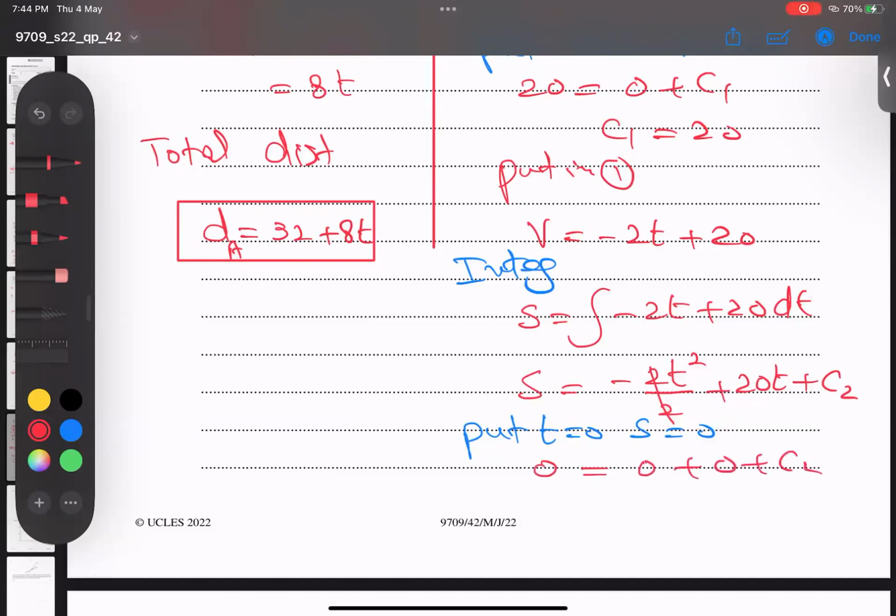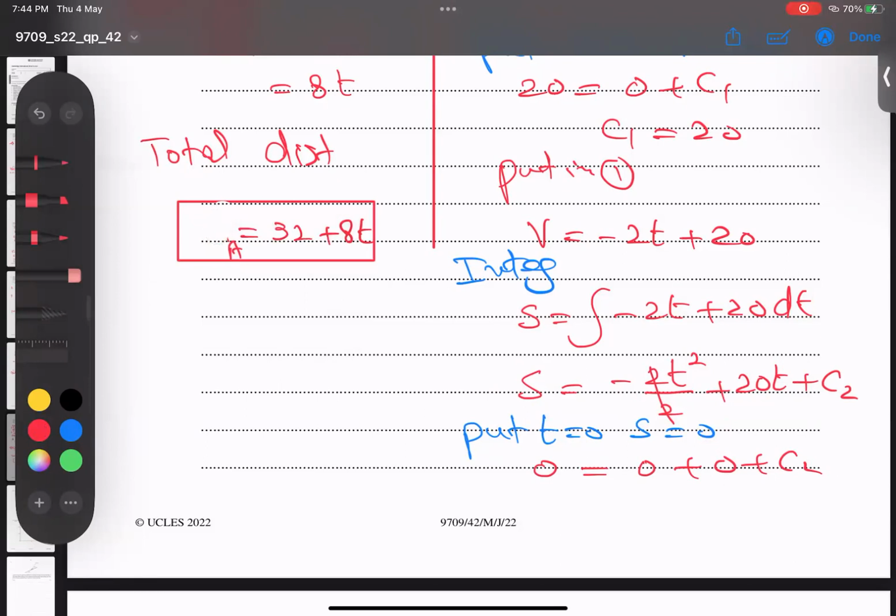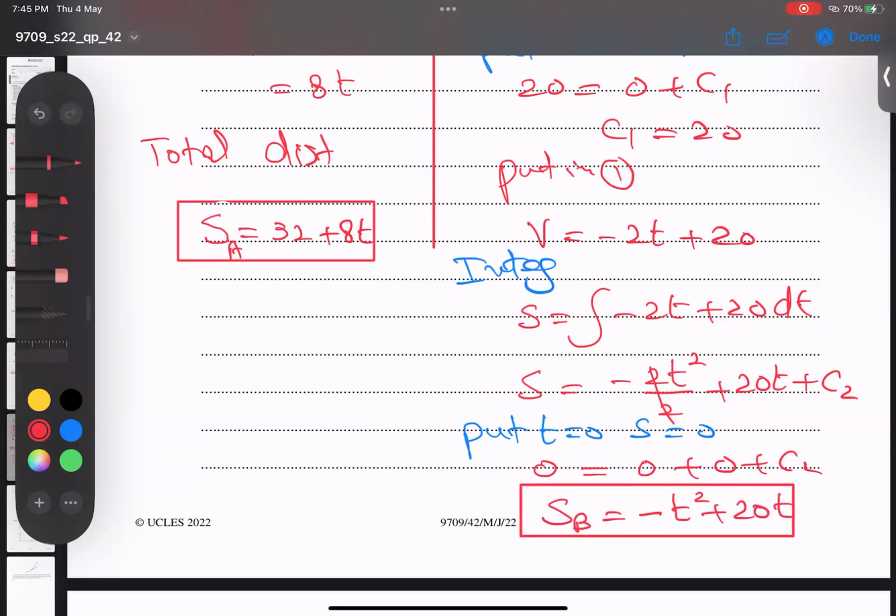So C2 becomes 0. And the final answer for distance, you can use s or d, no issue at all. I think we should use s, because mostly he used s. So sB is finally negative t squared plus 20t. And this is our final answer. I believe the point is very, very clear. And let's go for the next part.